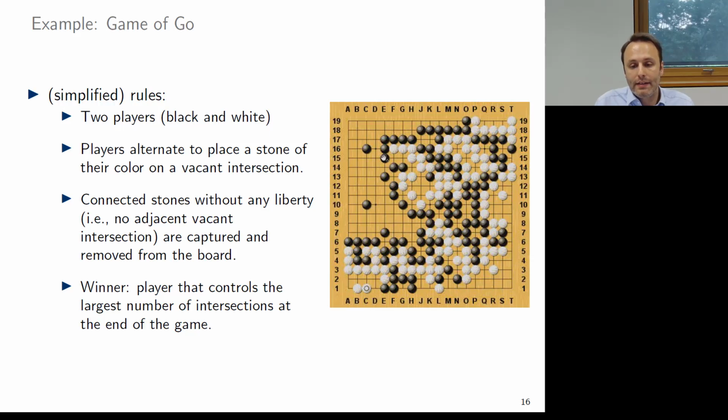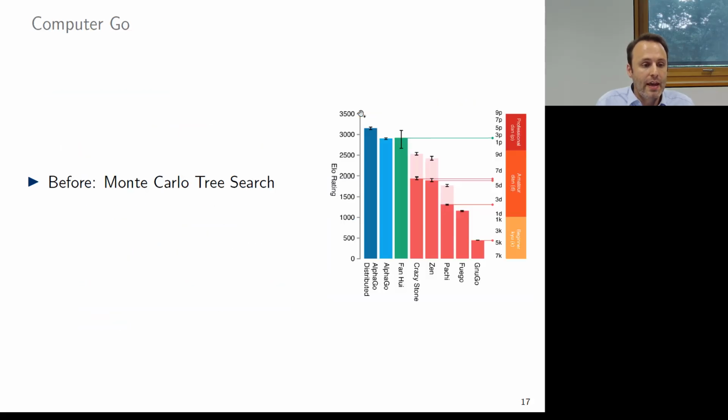So in this game with a large state space, we can use these policy gradient methods. Before policy gradient methods, some reinforcement learning algorithms tried to beat professional Go players with Monte Carlo tree search.